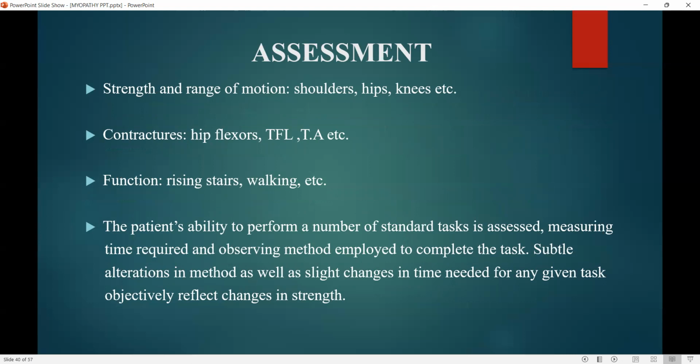Functioning: rising, stairs, walking, etc. The patient's ability to perform a number of standard tasks is assessed by measuring the time required and observing the method employed to complete the task. Subtle alterations in the method, as well as slight changes in the time needed for any given task, objectively reflect changes in strength.